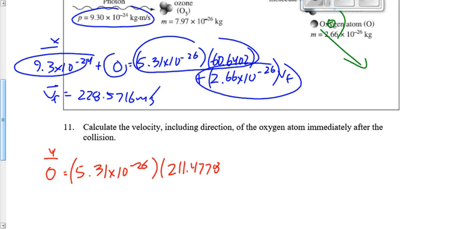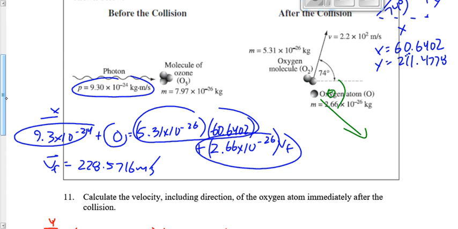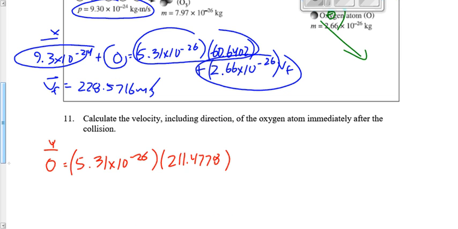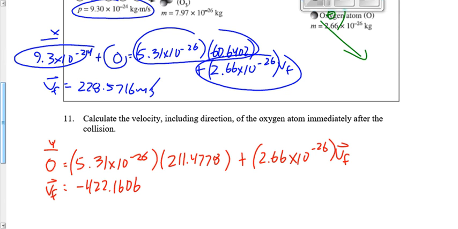This is the Y component of the final momentum of the molecule. Plus 2.66, this is the atom. Solve for VF, and we get negative 422.1606. Listen, this is an easy question now, right?